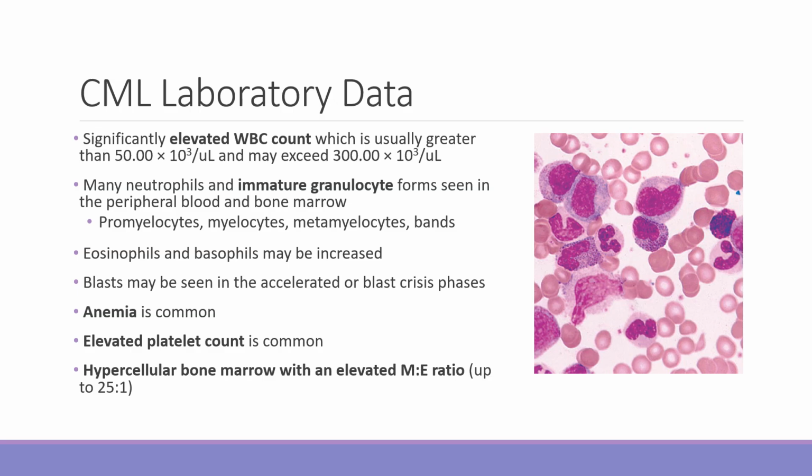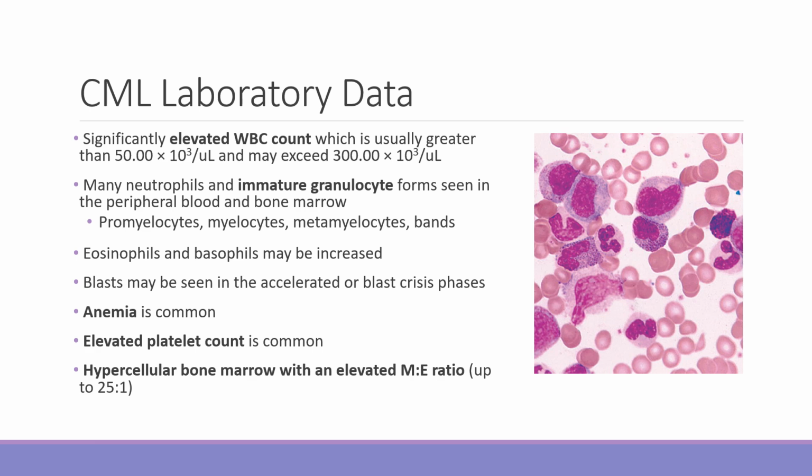That's because there's such a proliferation happening that a lot of these cells are sent out into circulation because there's just no room for them in the bone marrow anymore. So we're going to see promyelocytes, myelocytes, metamyelocytes, bands. But the important thing to remember is there is maturity happening here.